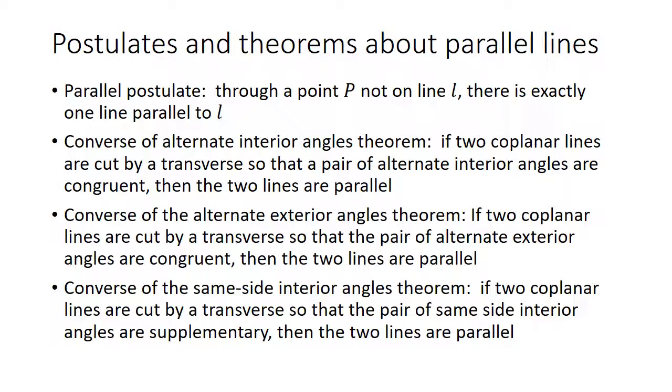And then same side interior: if you have two lines cut by a transversal and the same side interior angles are supplementary, so if I said that this was 100 degrees and this was 80 degrees, then we know that they are supplementary. That means that my two lines have to be parallel.